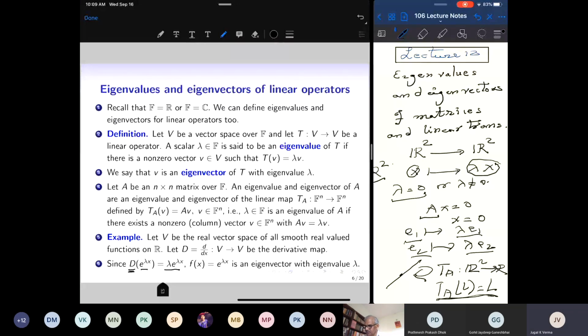E to the power lambda x is a non-zero function. So this function e to the power lambda x is an eigenvector with eigenvalue lambda. This is the new interpretation of exponential functions: they are eigenvectors with eigenvalue lambda of the differentiation operator acting on the vector space of smooth real valued functions.